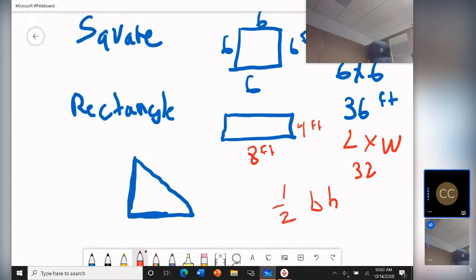So if we say the base is 9, and then what you'll see usually is a line going up, which will say is the height. And we'll say the height is 7. So it'd be 1/2 of 9 times 7. So 9 times 7 is 63.